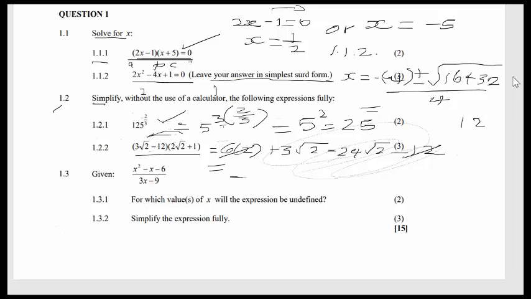We take the sign of the bigger number, which is 24, a negative. So 24 minus 3 gives 21. Ultimately, the answer will be negative 21 square root of 2. So we simplify it to its simplest form.